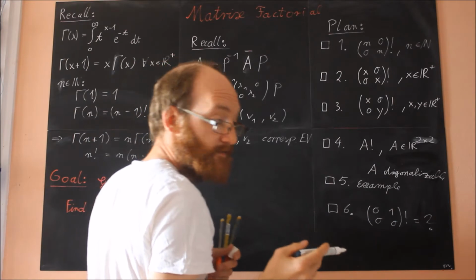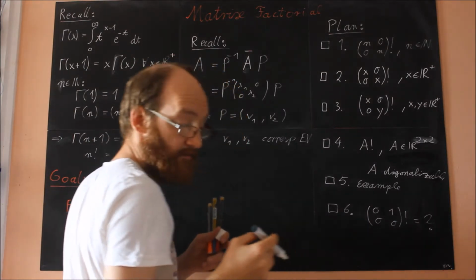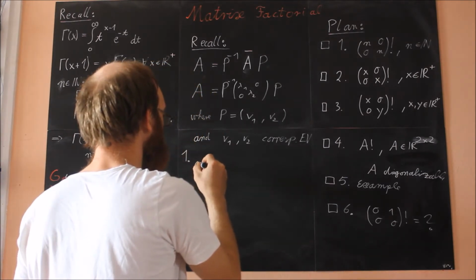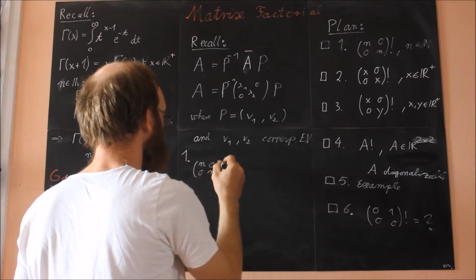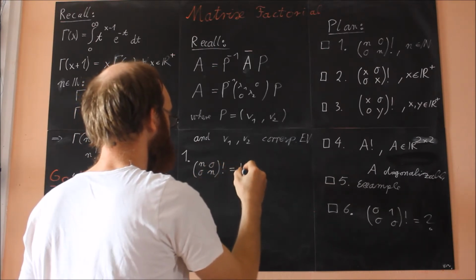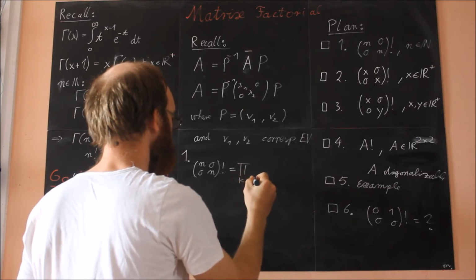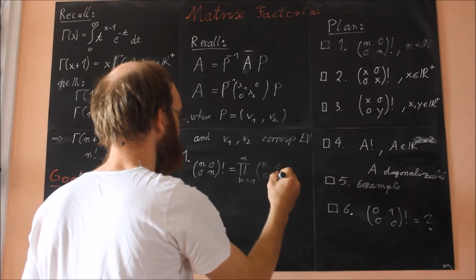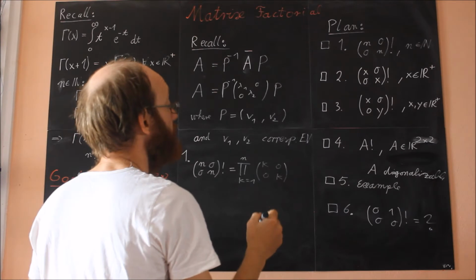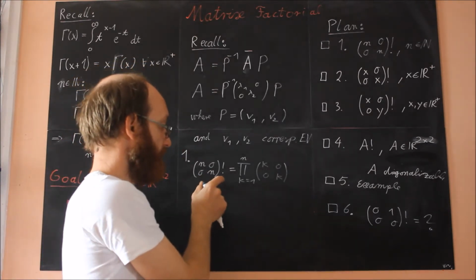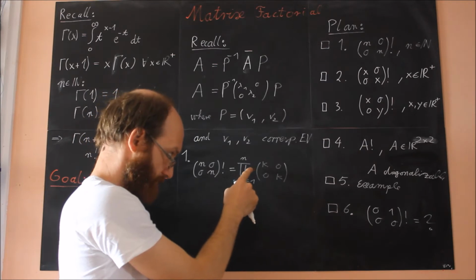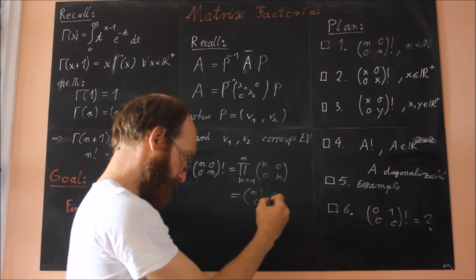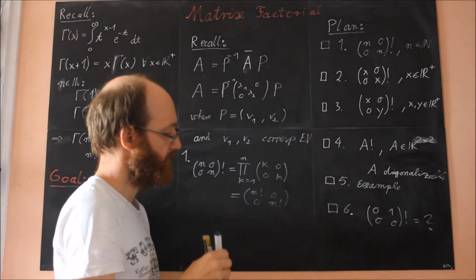By the definition of matrix multiplication, it makes sense to define the matrix factorial this way, and therefore we find n factorial, 0, 0, n factorial.